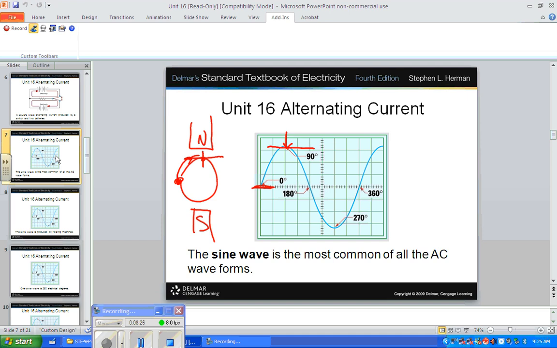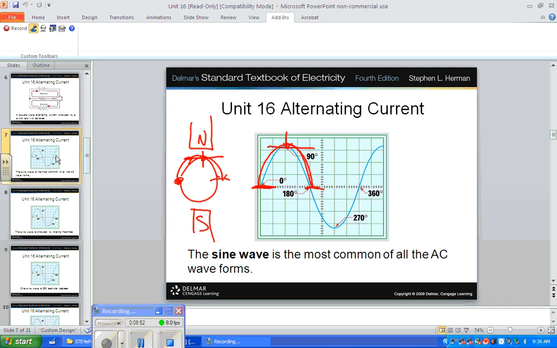And then you can see that as it rotates back down, it's going to come back down to 0. And here's the only disadvantage to AC: the voltage will fall to 0 2 times per wave, or 1 time per alternation, because this point to this point, this is one alternation. That's a definition term.